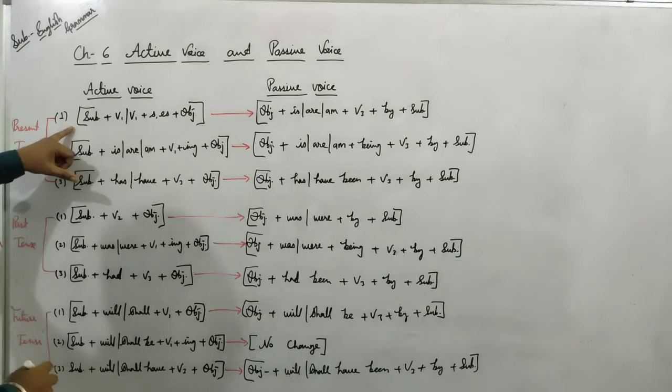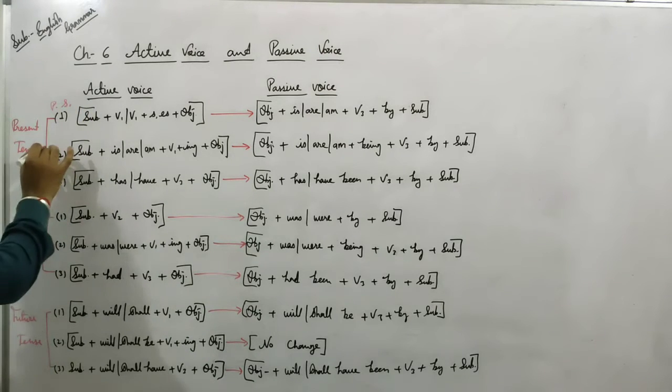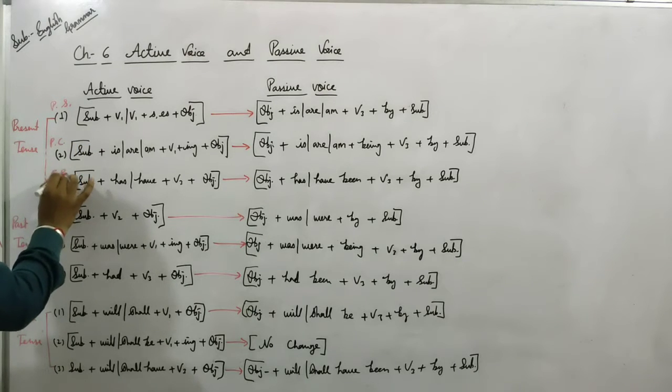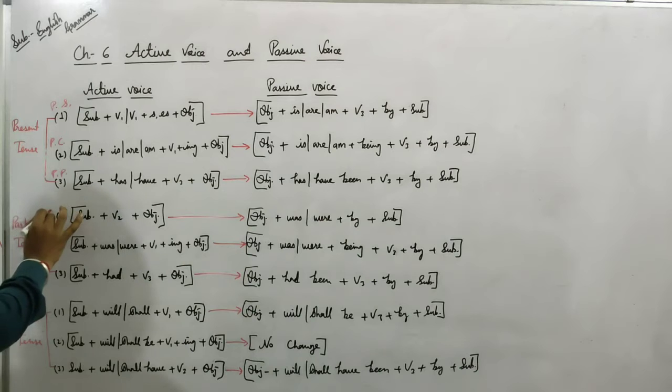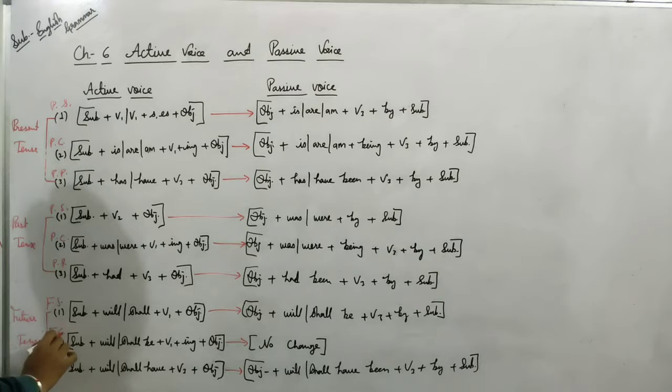Here first one is about present simple, second one is about present continuous, and third one is about present perfect. First one is about past simple, past continuous, and past perfect. And here future simple, future continuous, and future perfect. That's about the tenses formation.